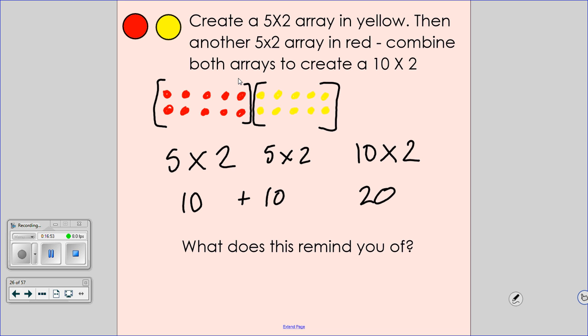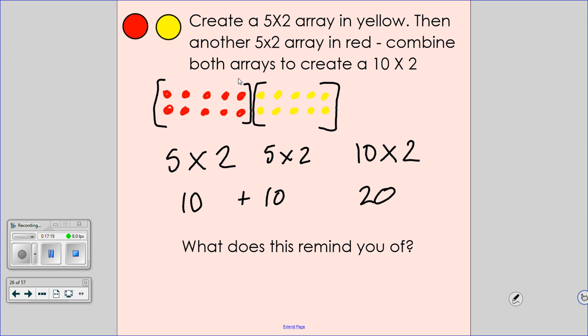Make sure you have what I've written in black in your notebook. What does that remind you of that you have already done and seen before? Aiden Washington, what does that remind you of? Addition. It reminds you of addition? How so? 10 plus 10. Okay. Ava, what does that remind you of?